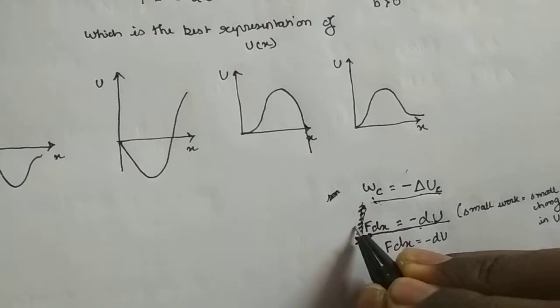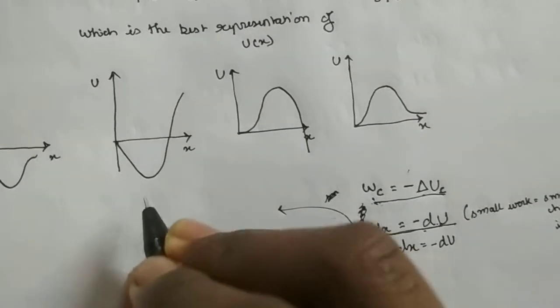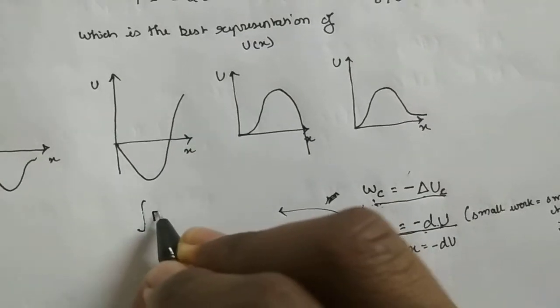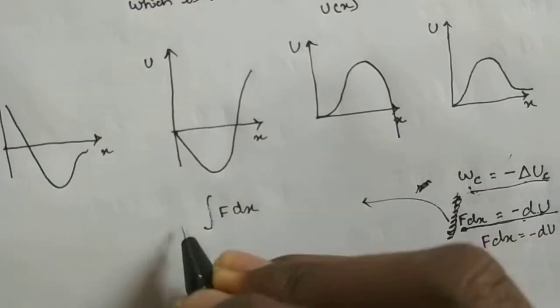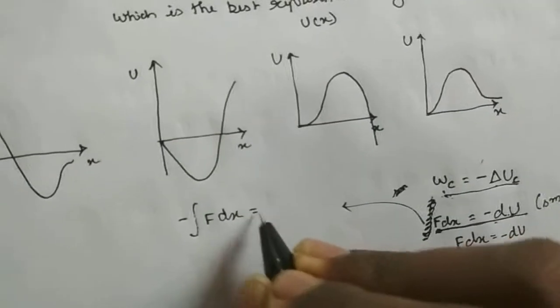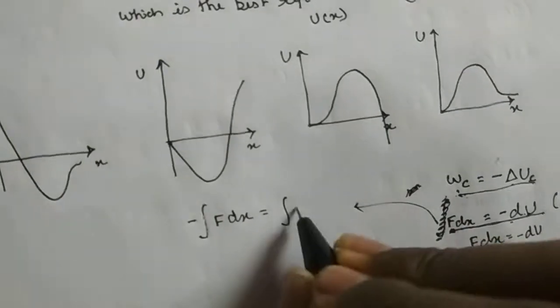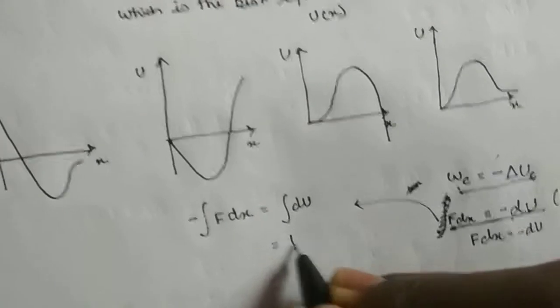So from this we get that minus the integration of f dx equals the integration of du, which is going to be u.